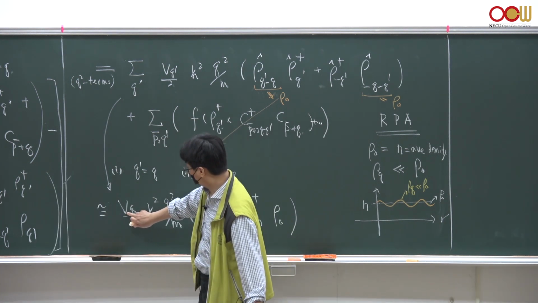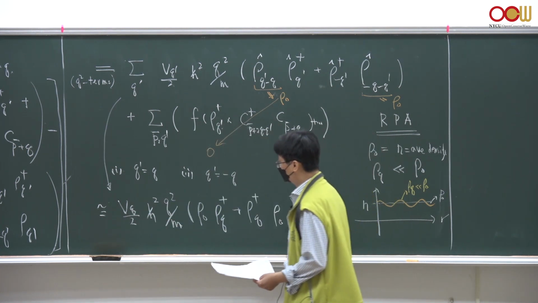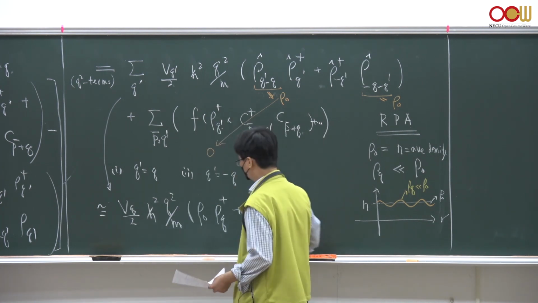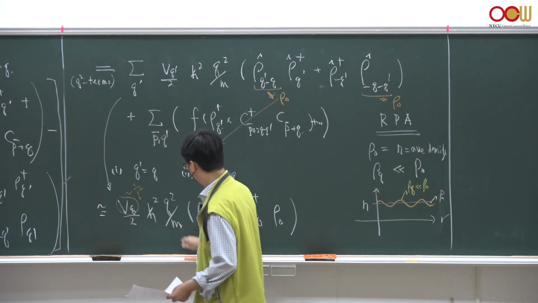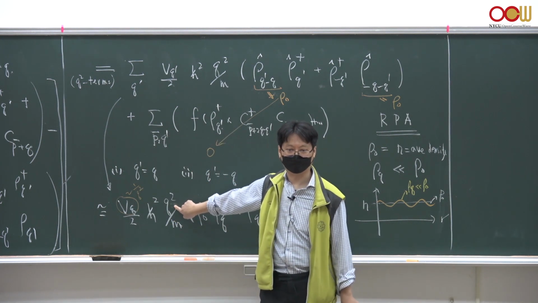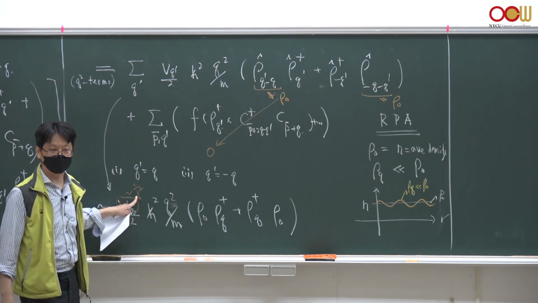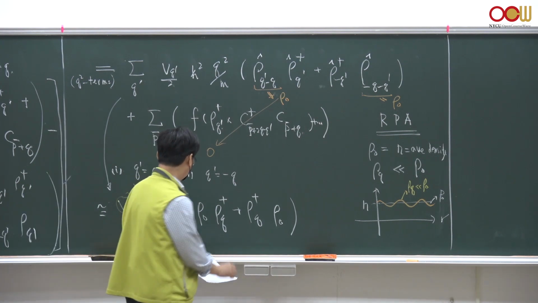So what is VQ? Well, VQ is nothing but the Fourier transform of this Coulomb potential, which goes like 1 over Q squared, right? So this goes like 1 over Q squared. But there's a Q squared in the numerator. So this Q squared will certainly cancel with the denominator of Q squared, so that the whole thing is independent of Q. So that's the magic.